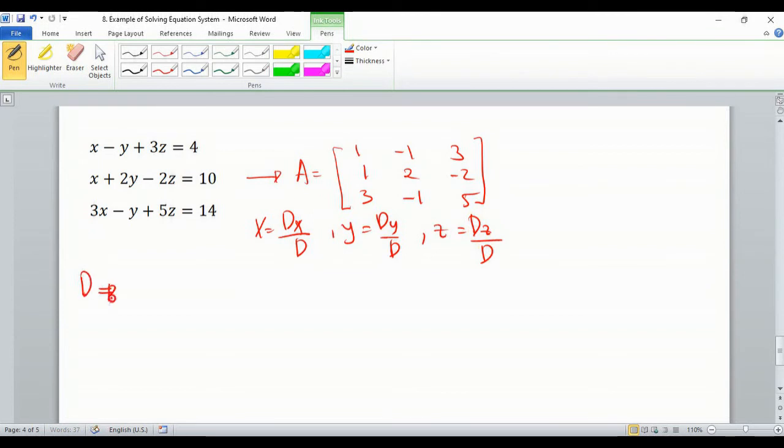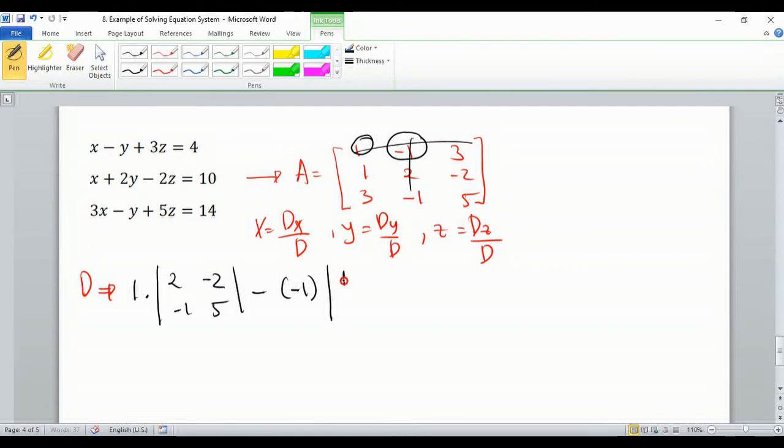D is equal to... Okay, because today I will use Laplace. For Laplace, I want to use the first row: 1 times the matrix with 2, -2, -1, 5. Because I'm using the first row, this is minus times -1 with the matrix 1, -2, 3, 5, and then I want to use the 3 plus 3 times the determinant of 1, 2, 3, -1.